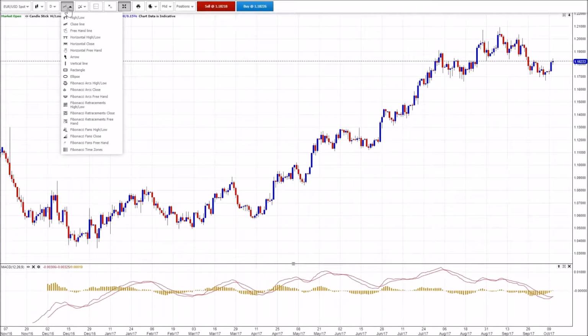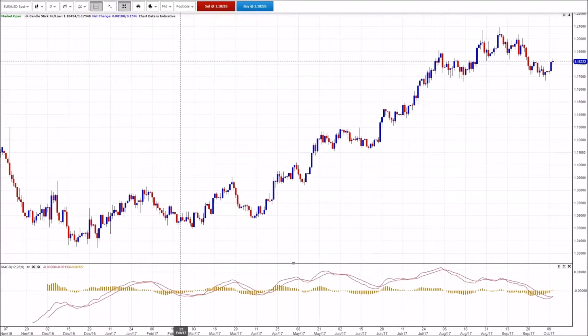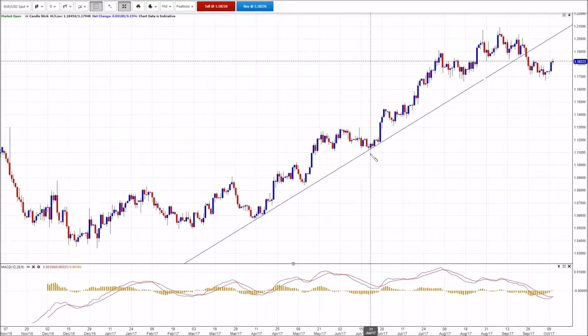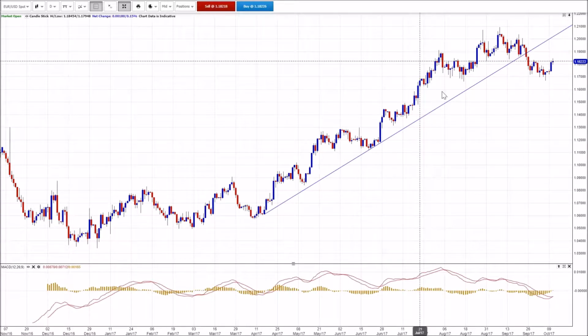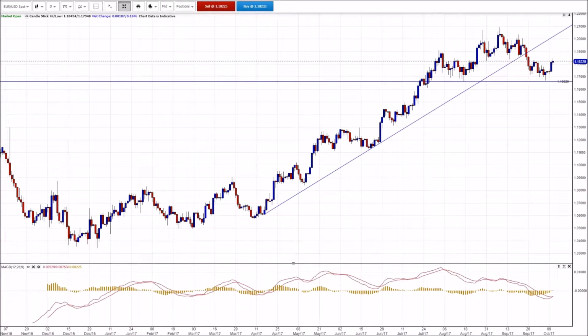And as usual, the question is, given the weakness that we've seen, is that trend over? And even though the trend line's broken, as I've been saying the last couple of weeks or so, it doesn't necessarily mean that trend has come to an end. We haven't taken out any of the previous major lows in euro dollar.